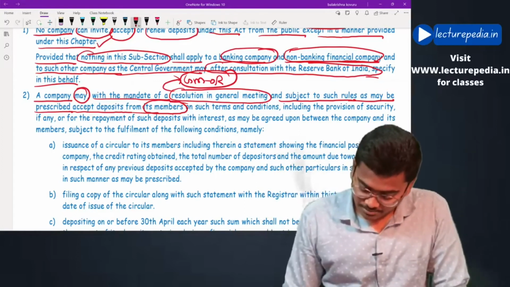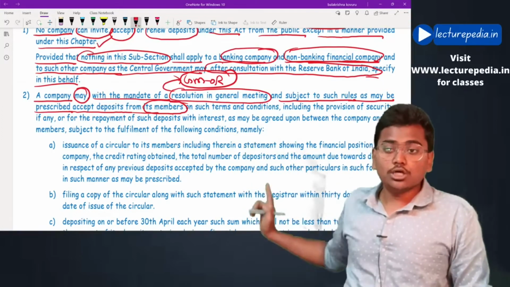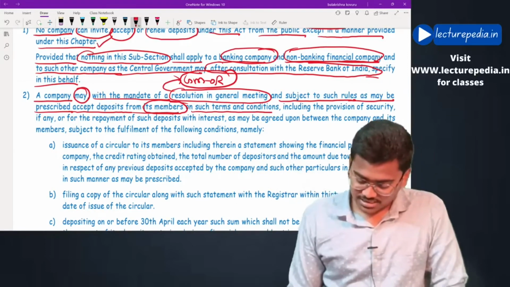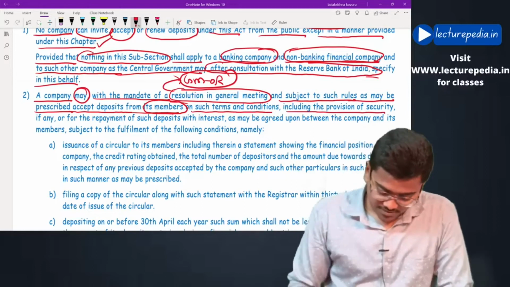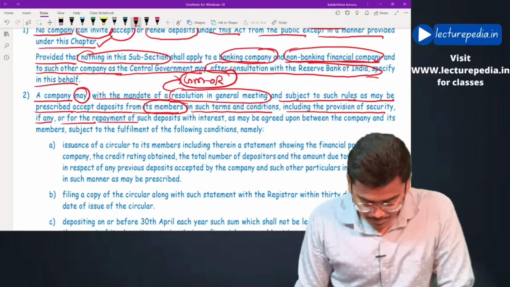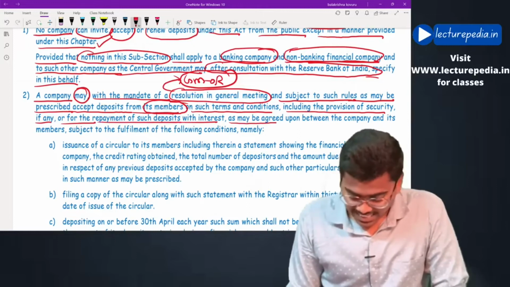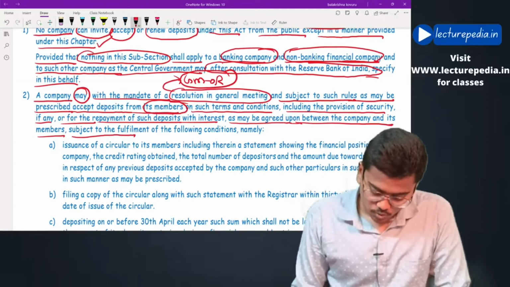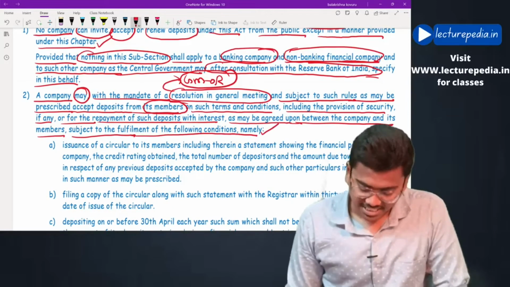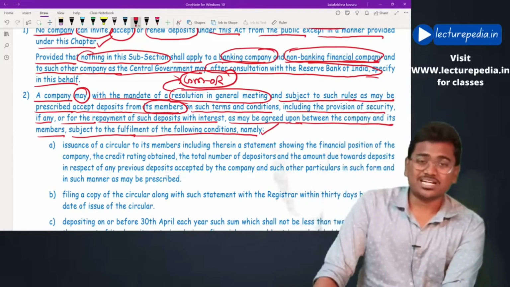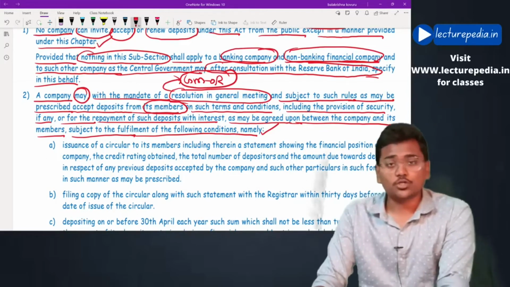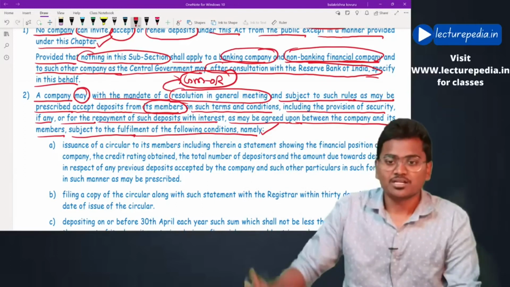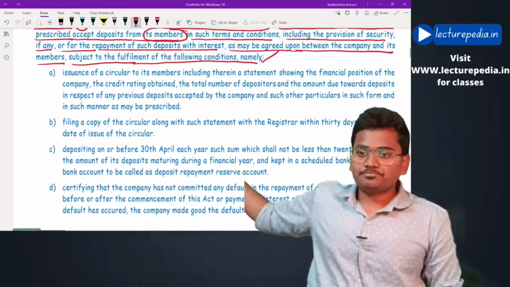Subject to such rules as may be prescribed, accept deposits from members on such terms and conditions, including the provision of security, if any, for the repayment of such deposits with interest as may be agreed upon between the company and its members, subject to fulfillment of following conditions, namely. What are the conditions that have to be satisfied in order to raise deposits from members? Those 5 conditions which we have discussed are listed here.